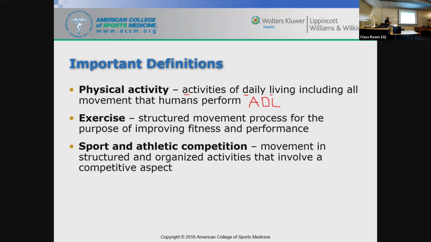Then definitions: physical activity, exercise, and then sport and athletic competition, and we looked at the activities of daily living, with the acronym ADLs, or ADL. Sometimes it's just daily living activities, but you'll actually see it abbreviated that way at times.